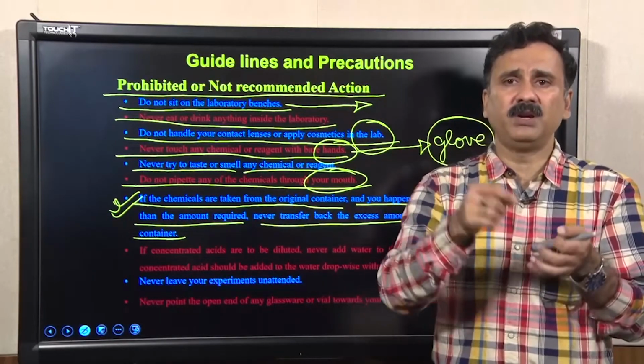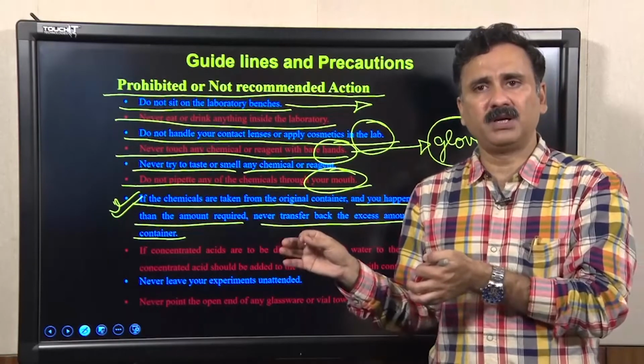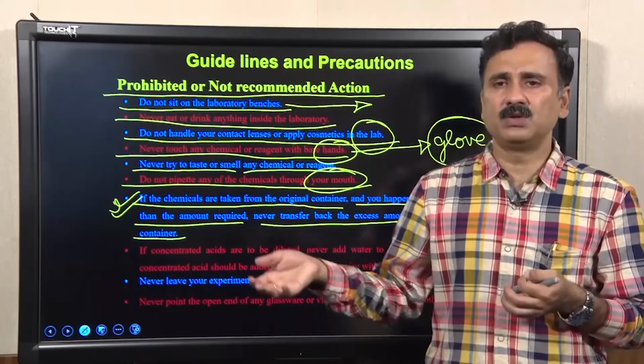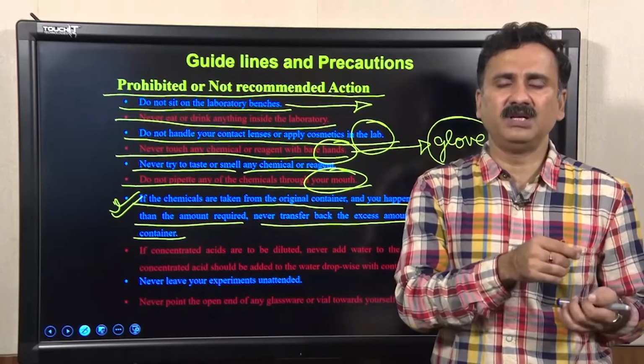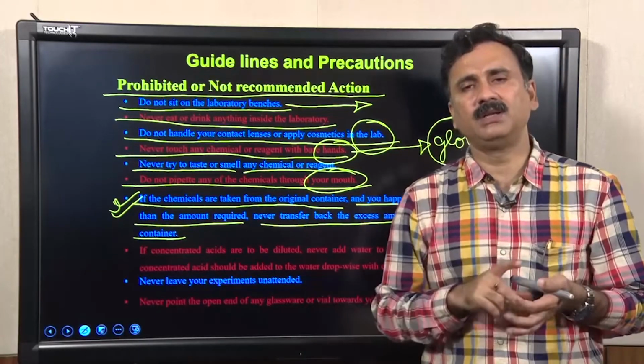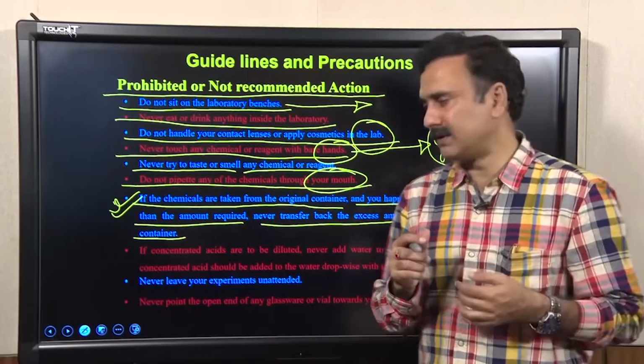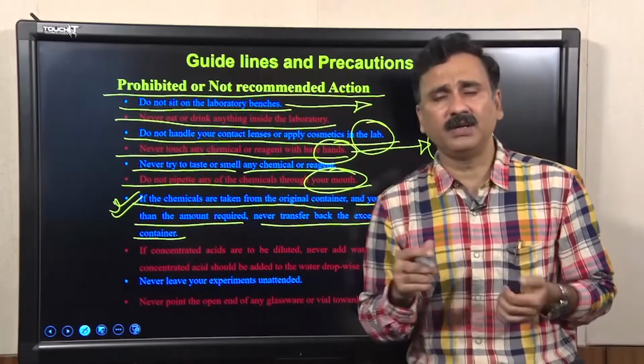Instead, you just keep it in a separate container, and whenever you are going to make the solution next time, use this 20 mg first, and then you can take out the extra powder from the original stock. Why is it important?